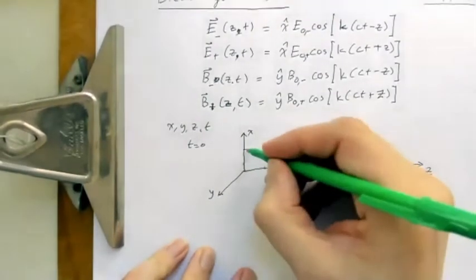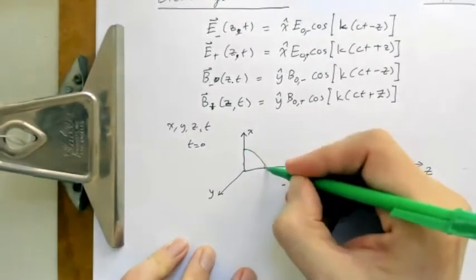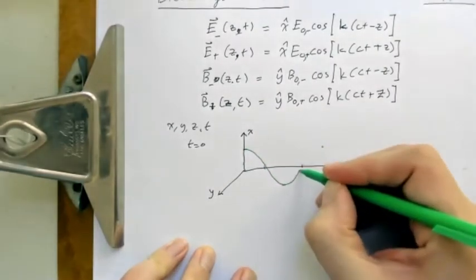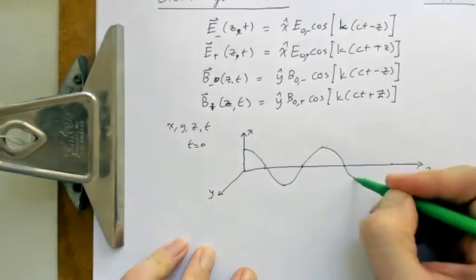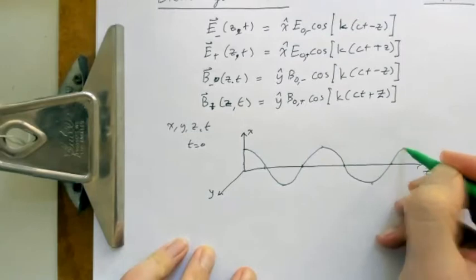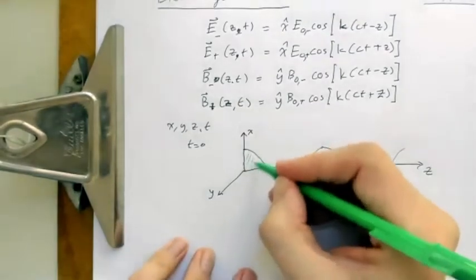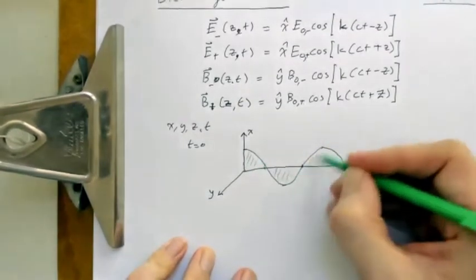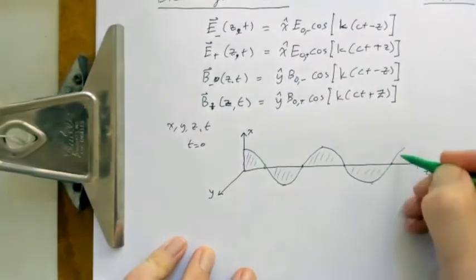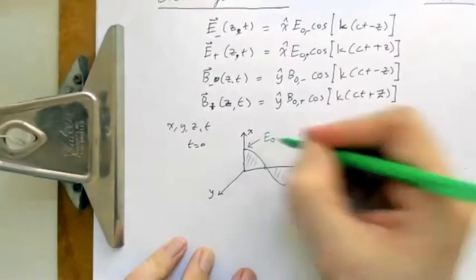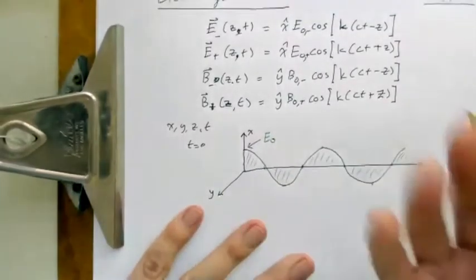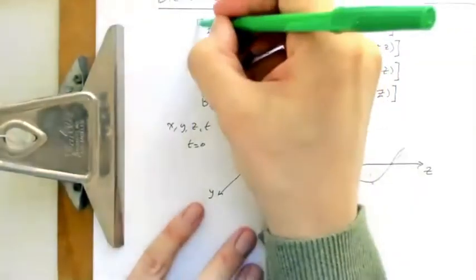So it goes like this. It's a cosine, etc. So there's an electric field here, and that is that number E0, and that's our green solution.